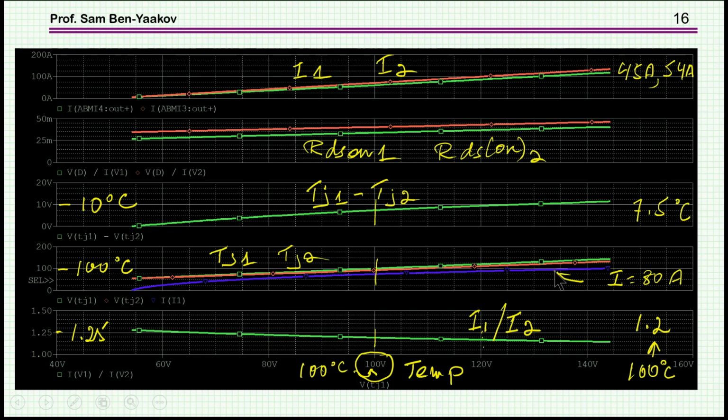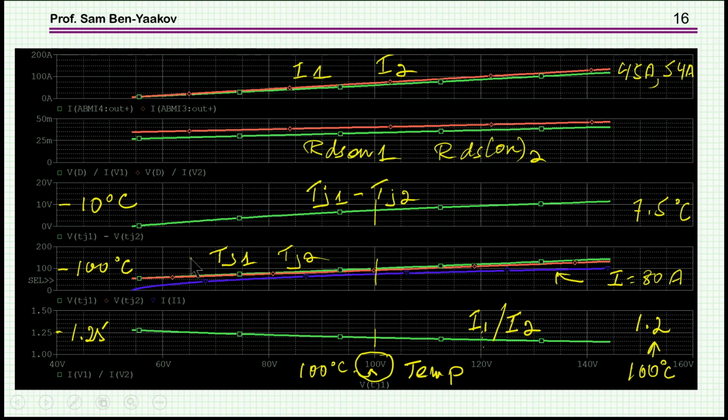I've here now plotted the total current, okay? Because this is now temperature, and I'm showing for 120 degrees what the total current is, and it is about 95 amp, sorry. And then we see the temperature difference here for a 100 centigrade junction temperature of one of the transistors.